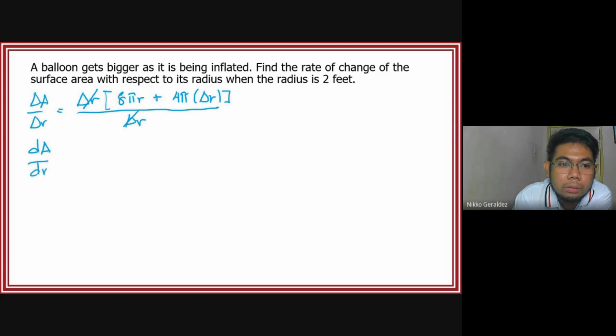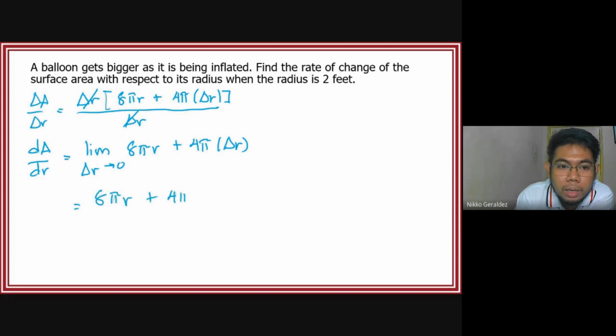So we have dA over dr equal to limit of 8 pi r plus 4 pi delta r as delta r approaches 0. So substitute, we have 8 pi r plus 4 pi times 0.